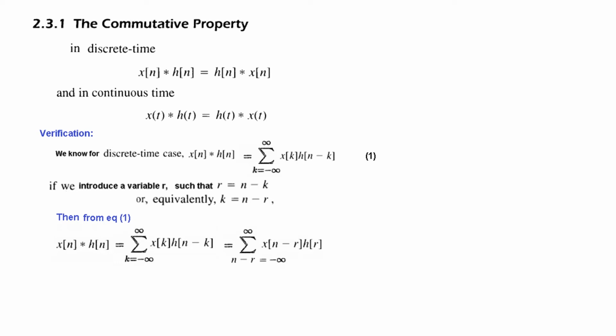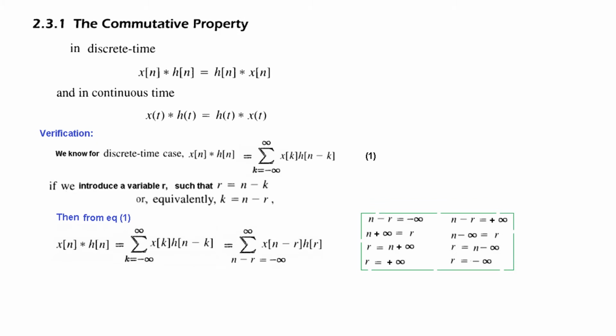And now the limits: k equals minus infinity will now be written as n minus r equals minus infinity, and similarly the other end will be plus infinity.